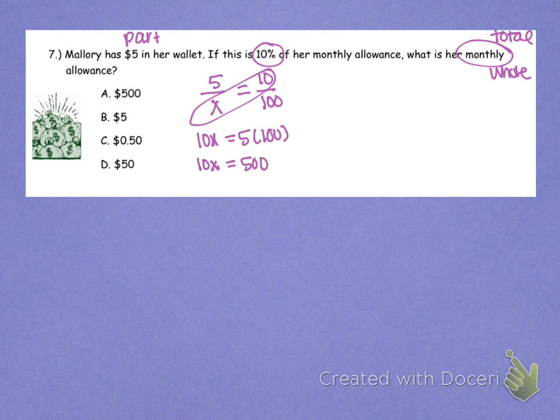And then, of course, our final step is to divide by 10 on both sides. 500 divided by 10. 10 goes into 5 0 times and into 50 5 times. Minus 50 is 0. Bring down your 0, and 10 goes into 0 0 times. Okay, so then x equals 50.